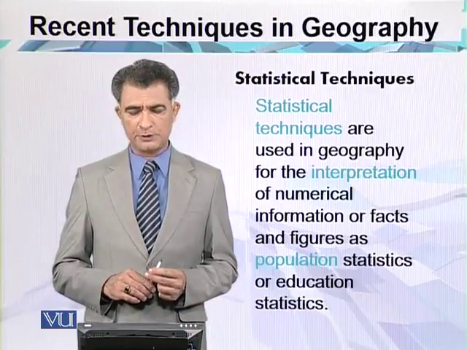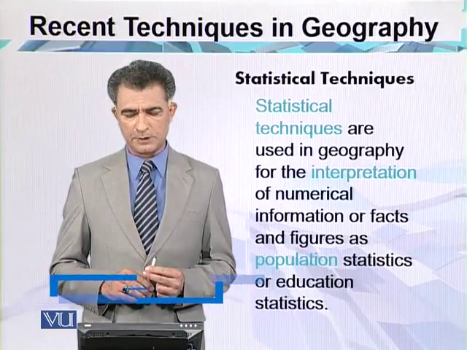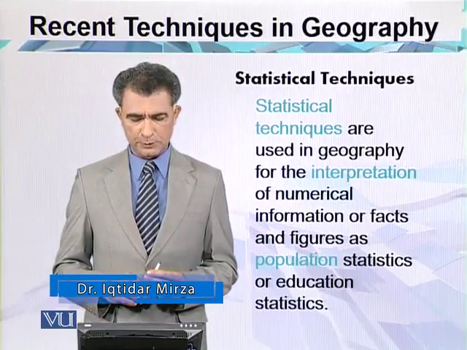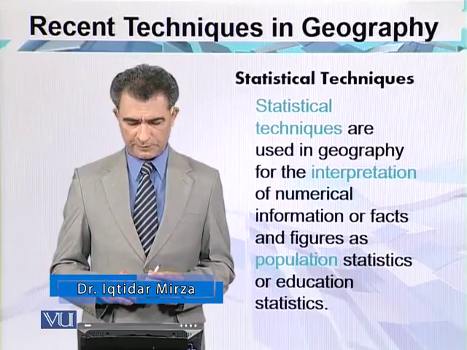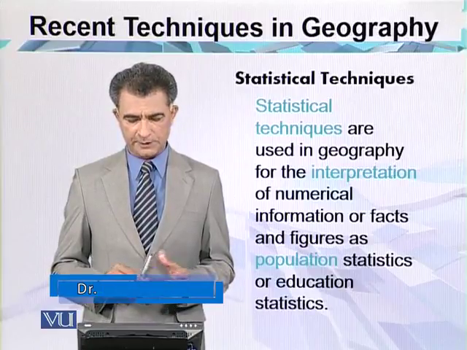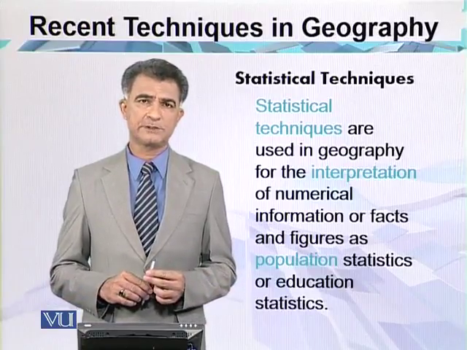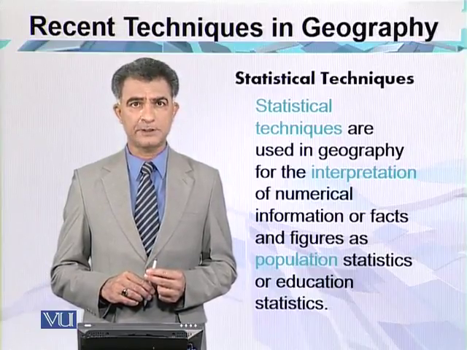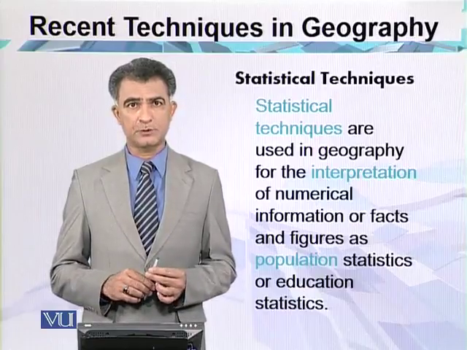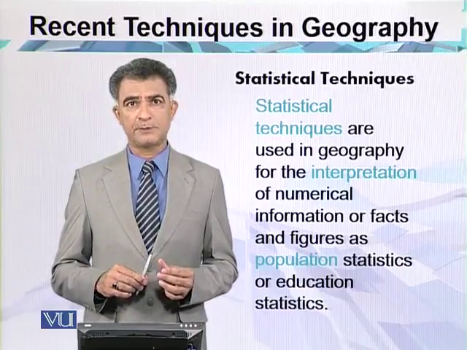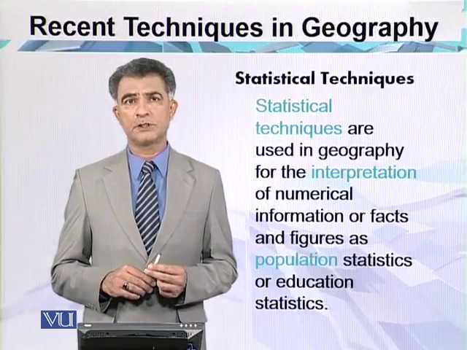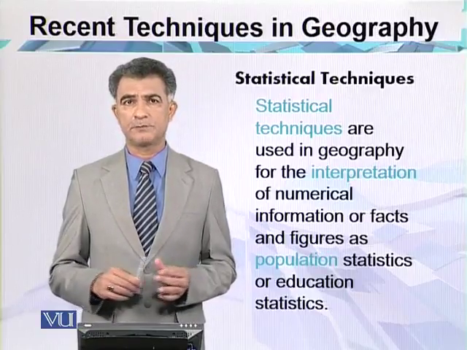Here we can use the technique in geography for the interpretation of numerical information or facts and figures of the data. The best example is population. Population surveys and field surveys are conducted to gather data, and this type of data is important for different projects.